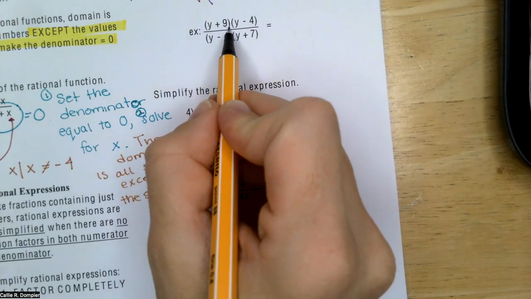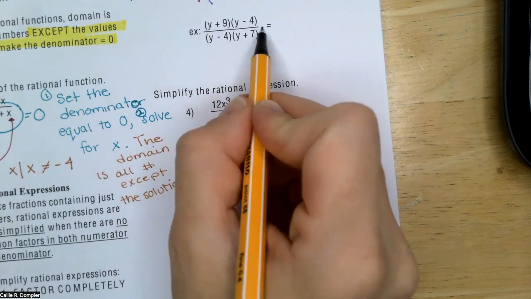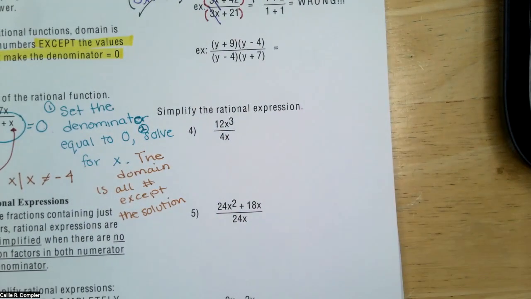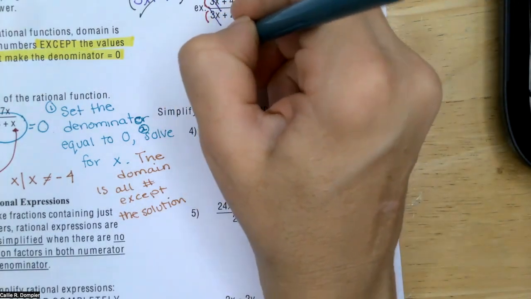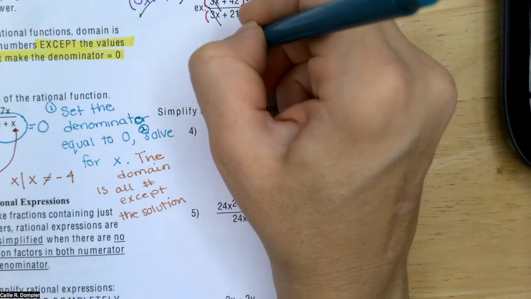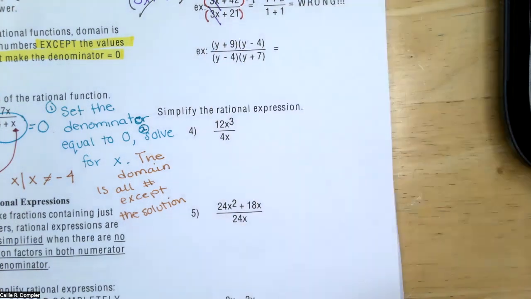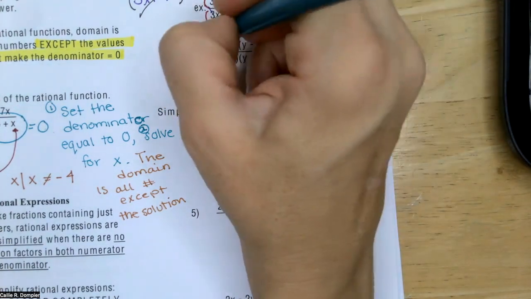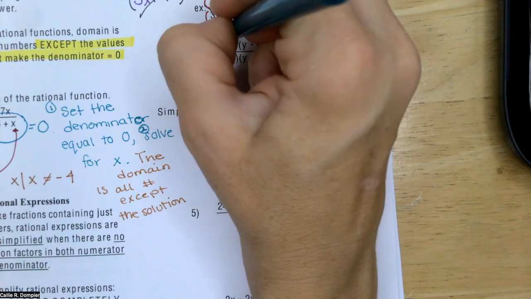Here we have y plus 9 times quantity y minus 4 divided by y minus 4 times quantity y plus 7. What is exactly the same? And no, it can't just be here's y, here's y, here's -4, here's -4, here's y, and I have 9 sevenths. That's not going to work. You have to look at the factors. They are binomials, but that's just by chance.